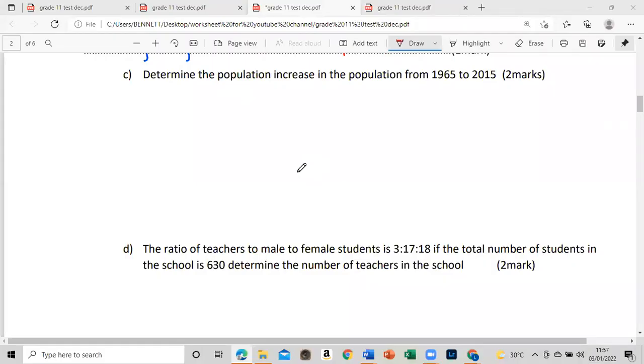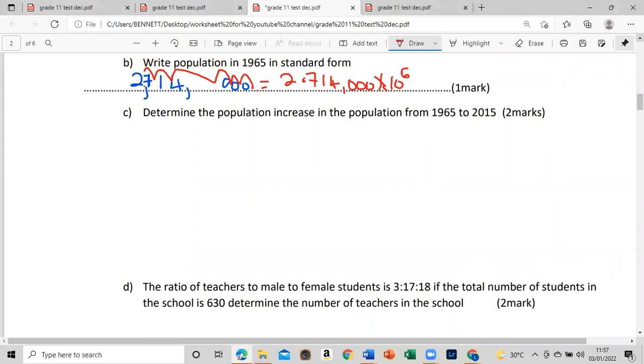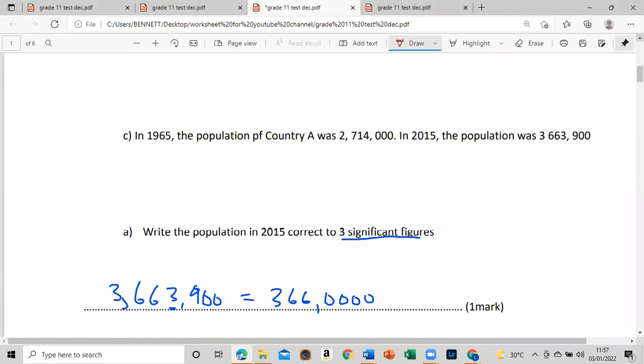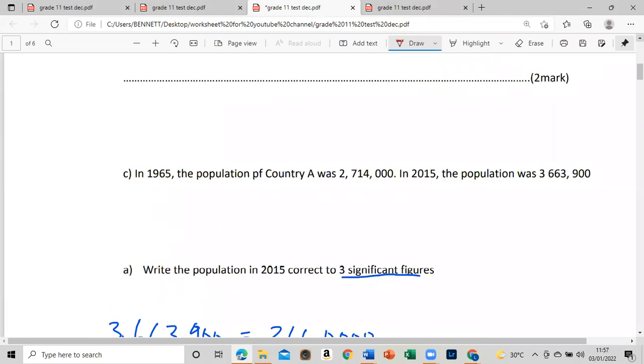Alright, so this one said determine the increase in the population from 1965 to 2015. So we needed 2 numbers and then solve that. So let me just see. That was 3,663,900.